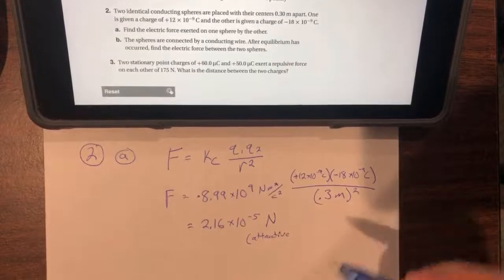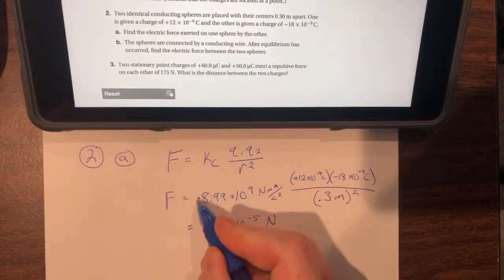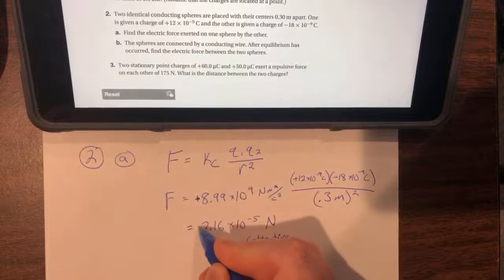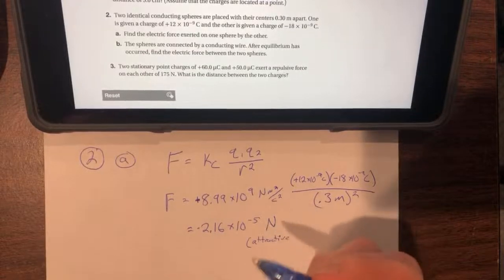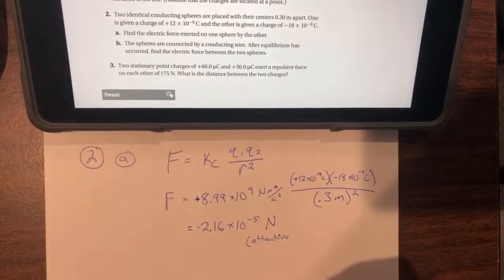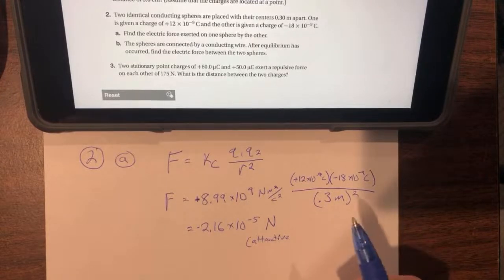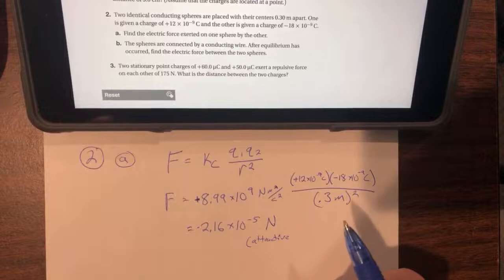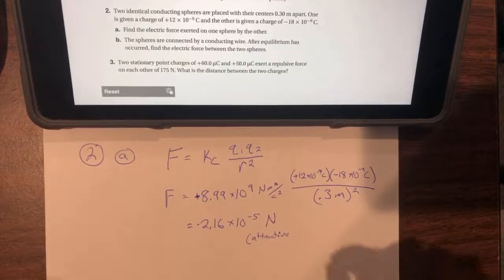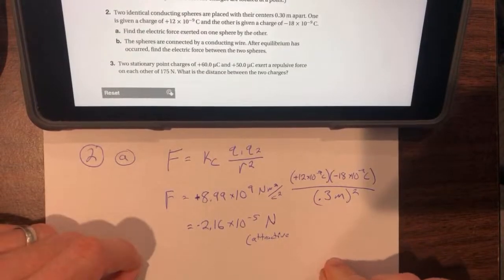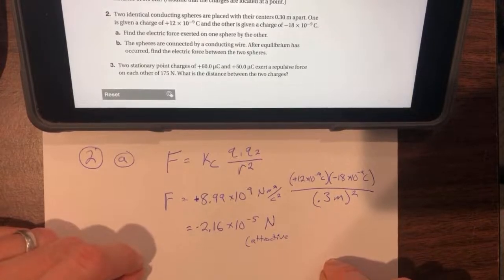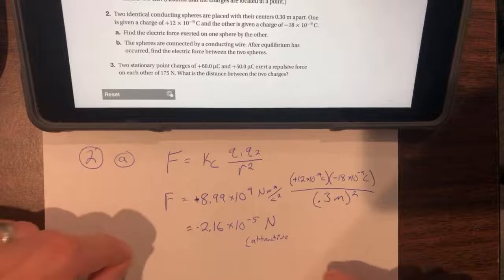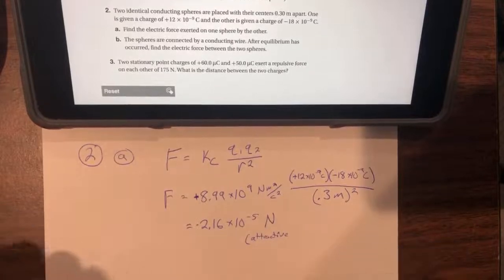Or you could have it as negative. So if we put this as positive and we put this as a negative as an attractive force, that's fine too. I'm not going to really worry about positives and negatives on these particular problems. If we had them in specific locations, we need to make sure we know what direction they're going, left, right, or whatever, but it is an attractive force. And so these two objects are being attracted together.